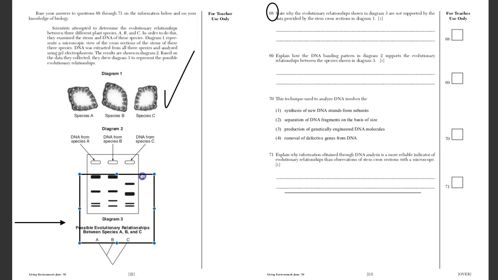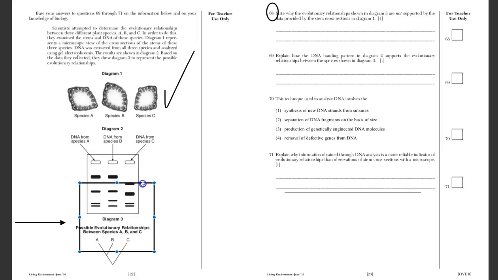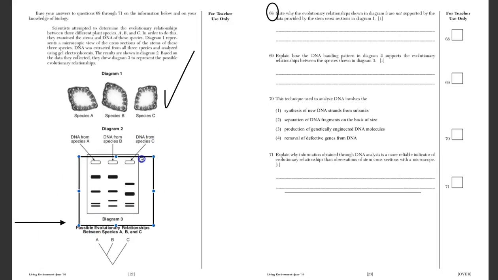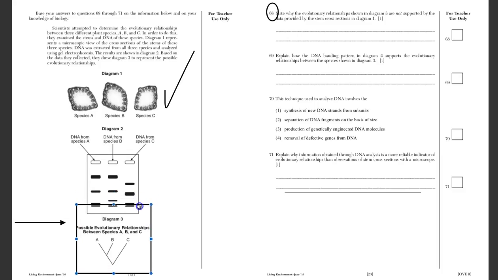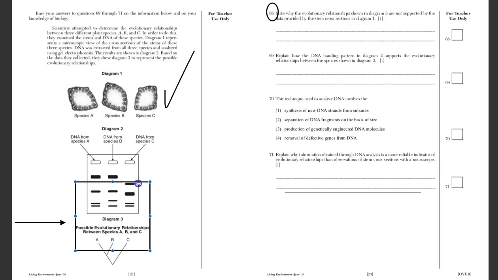You have to count. So let's see how many times A and B is similar. 1, 2, and 3 down here. I'm only looking at rows A and rows B. Let's see how many times A and C are similar. 1 and 2. Let's see how many times B and C are similar. 1.